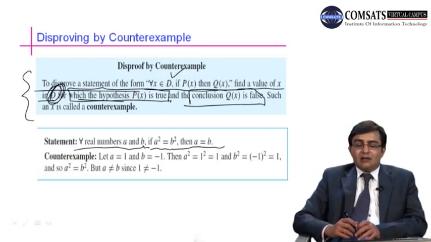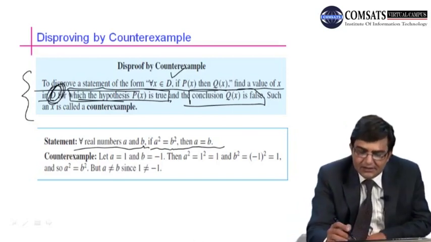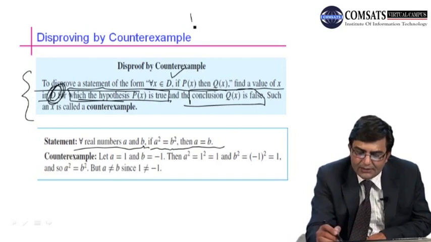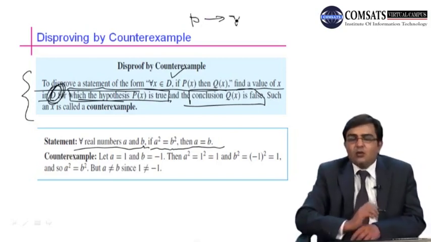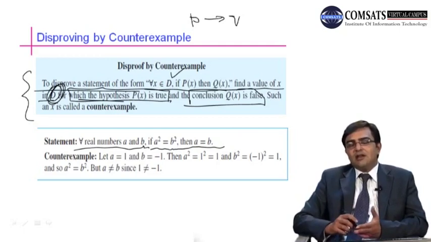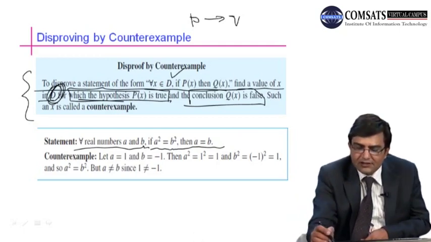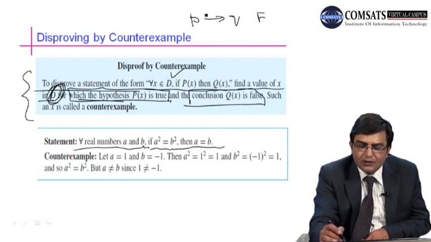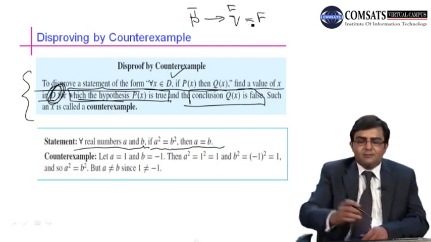This is what we have studied in conditional statements: the implication P implies Q is false when P is true and Q is false. So the whole statement becomes false.